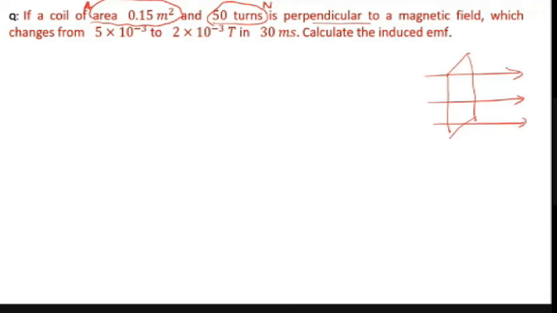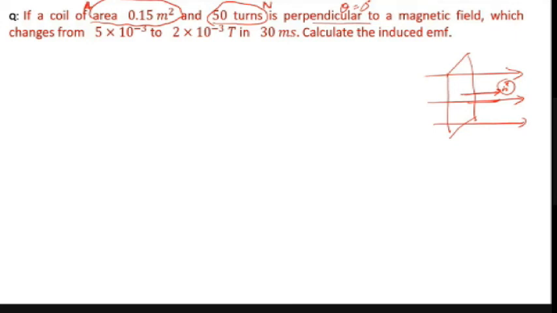Here the area vector is in this direction. Area vector n cap is here, magnetic field is here. Both are parallel. Therefore, here theta is 0 degree. Don't take theta 90 degree. Coil is placed perpendicular to magnetic field, therefore theta is 0. Okay. Magnetic field.